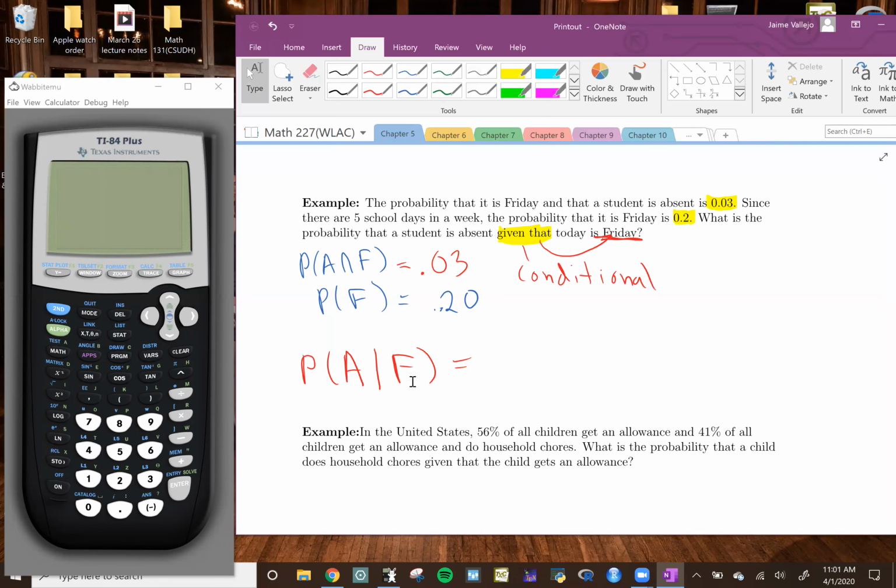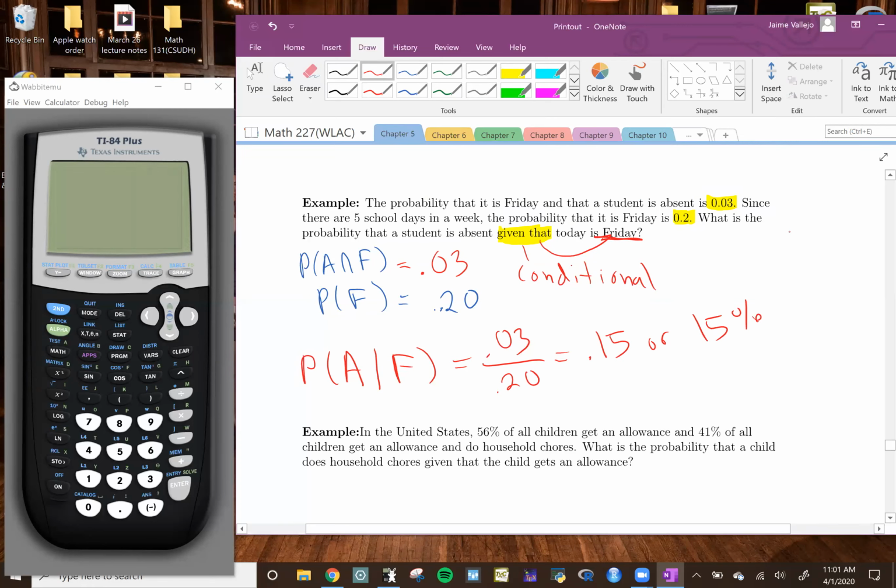All right, so for this one, you're going to take 0.03 and divide that by the probability that it's Friday. If you do that, you should get 0.15 or 15%. I don't understand. Why are we using 0.03? Because that's absent and Friday.